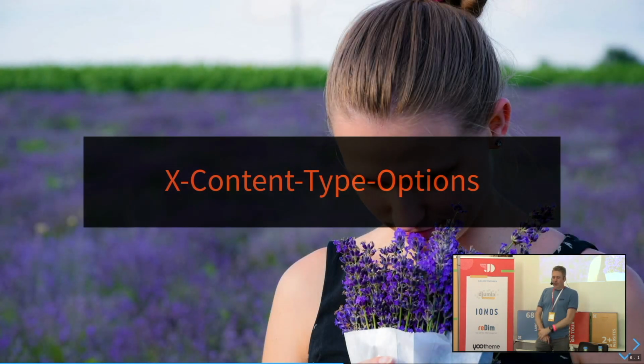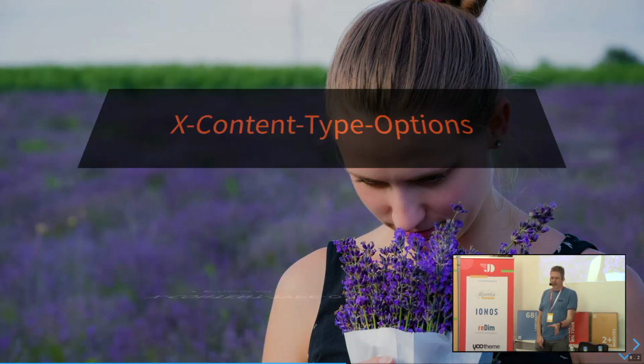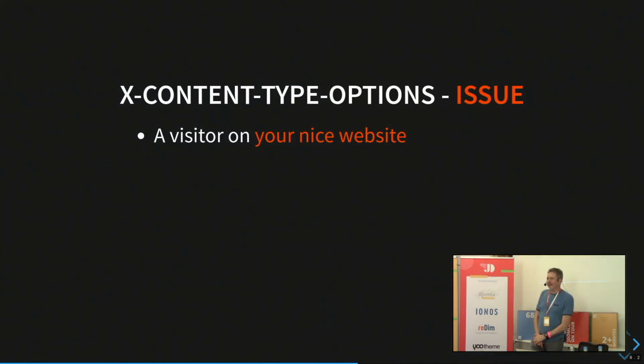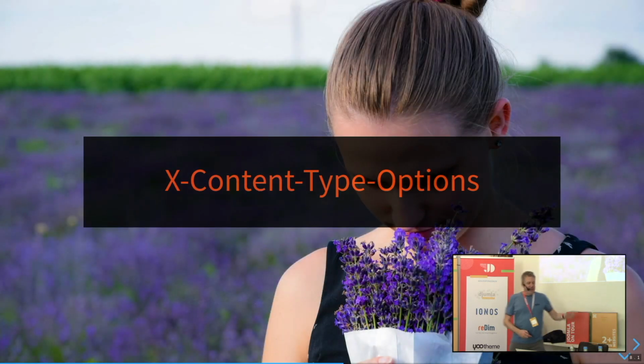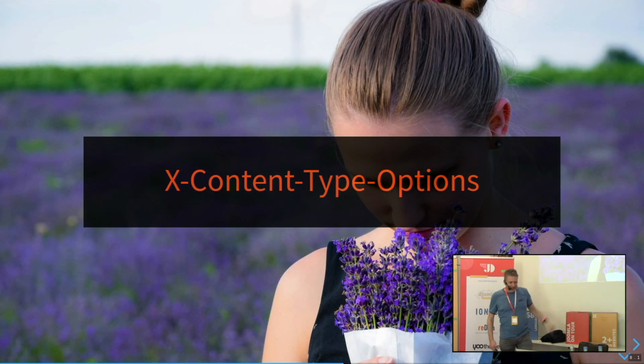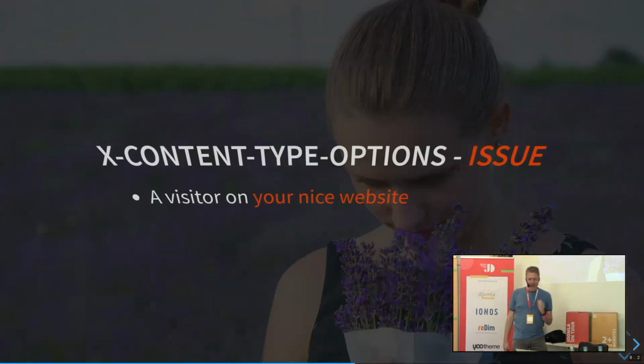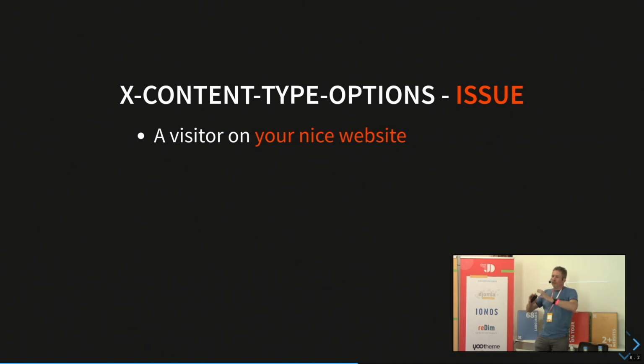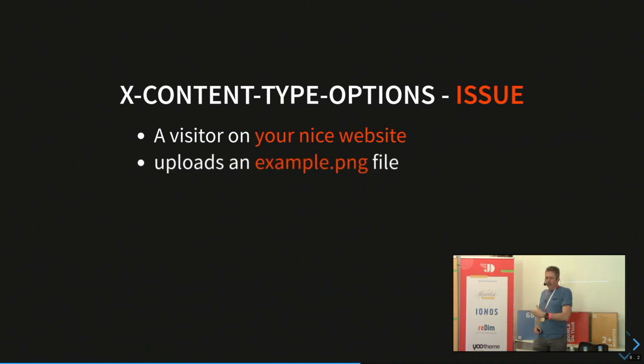Another thing is the X-Content-Type-Options. Does anybody know what it is? Okay, if you see this, it's a lady sniffing a flower. It has to do with sniffing of content. So you have your website, and a visitor is able to upload an example.png file, because you allow images on your website.